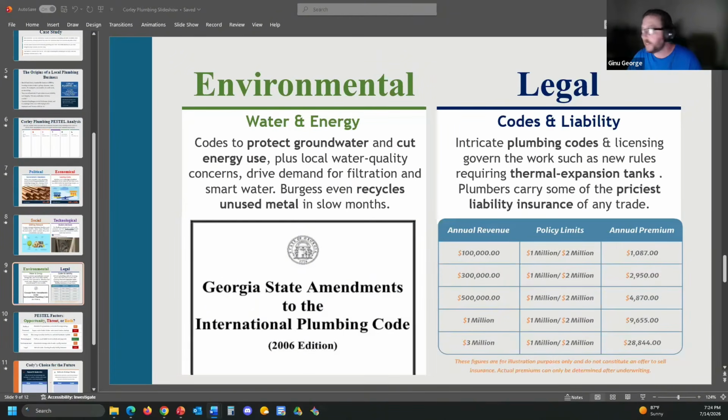Legally, plumbing is pretty highly regulated in most modern countries. Real legal complexity in this profession. Some pretty detailed codes, like the state amendments in many different areas to the international plumbing codes. They govern what plumbers do, how they can do it. Plumbers also carry some of the priciest commercial liability insurance in all of construction.